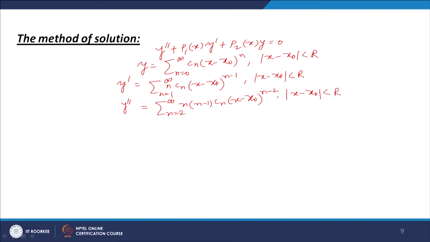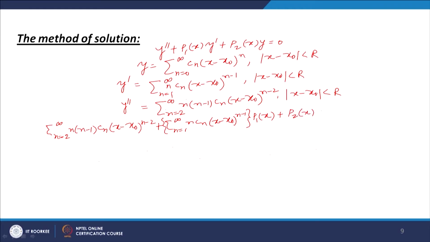Now, we shall substitute the values of y dash and y double dash in the given differential equation, and then we will have sigma n equal to 2 to infinity n(n minus 1) C_n (x minus x naught)^(n minus 2) plus sigma n equal to 1 to infinity n C_n (x minus x naught)^(n minus 1), multiplied by p1(x), and then we have p2(x) into y, where y is sigma n equal to 0 to infinity C_n (x minus x naught)^n, and this is equal to 0.